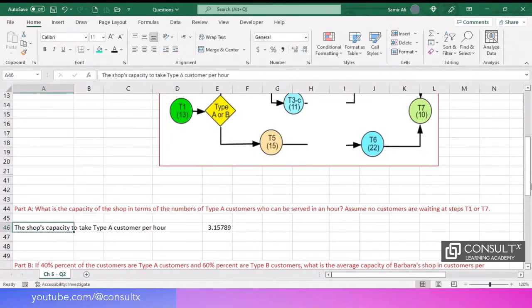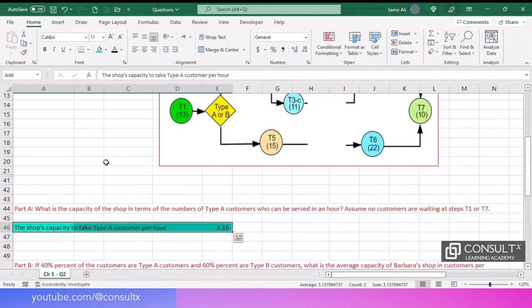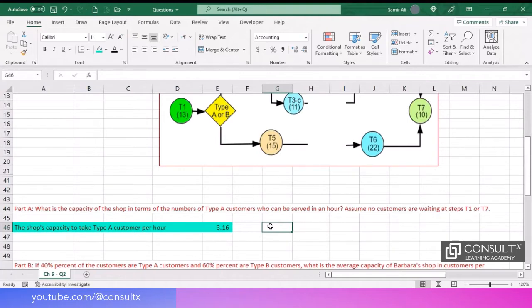And here's our answer, 3.15. If we round that off to 3.16, that's our answer. I'll just highlight it in green over here. And if we need to round that down to the number of customers, that would simply be 3 customers.